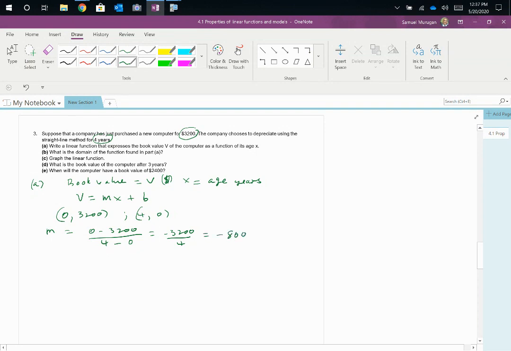All this means is that the computer is losing $800 every year in value. So V is equal to negative 800 x plus the initial value of the computer, which is 3,200. And this is your linear function.